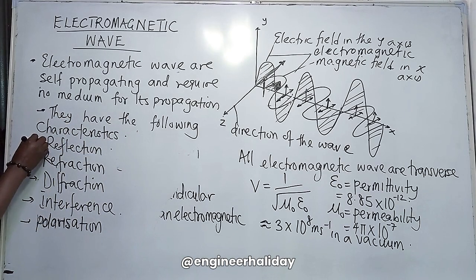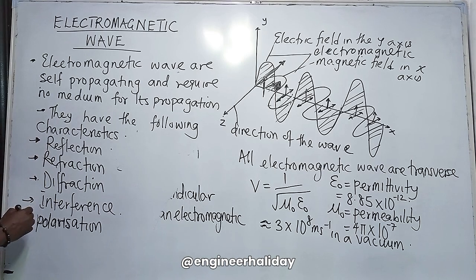Number one is reflection. Number two is refraction. Number three, diffraction. Number four, interference. And number five is polarization.